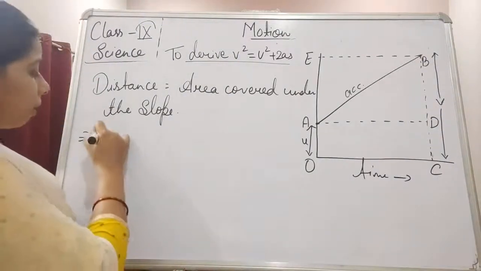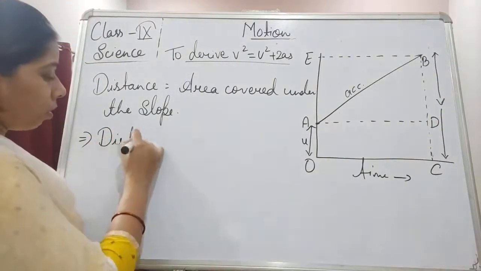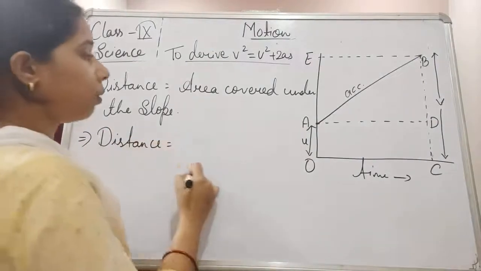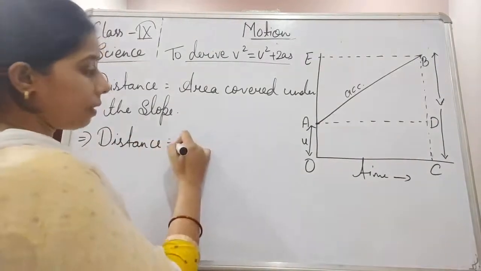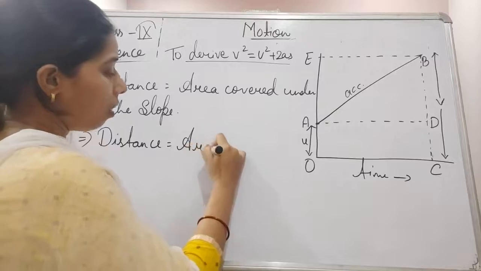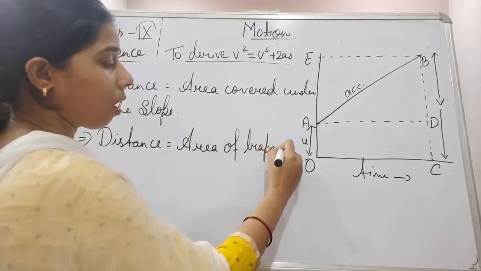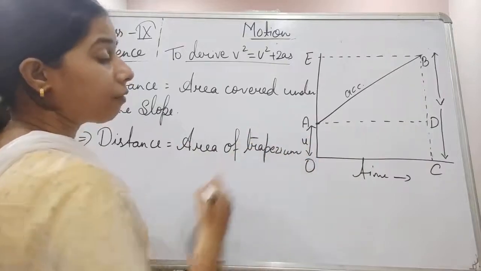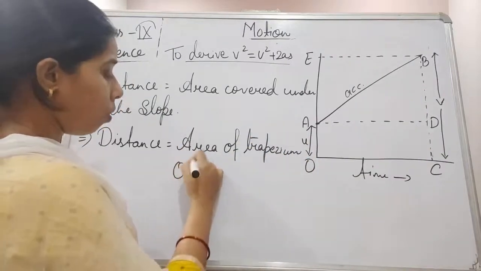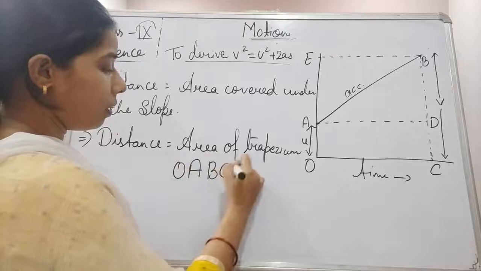So that distance will be equal to the area of the trapezium. Which trapezium? OABC.